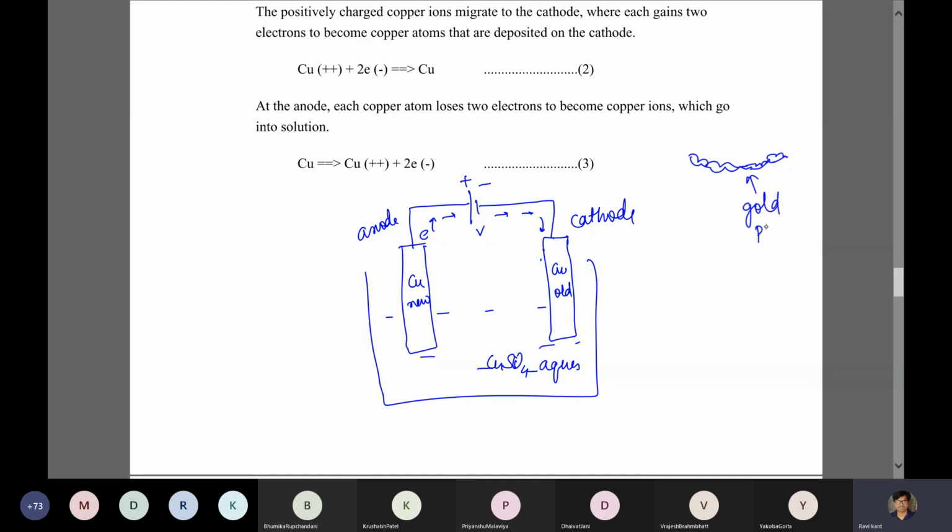So this is also called gold plating, and in this also you use electrochemical machining. The shopkeeper has new gold over here. He puts it in the electrolyte, your ornament will be here, and the gold will be decomposed from here and deposited on top of it. This is how the electrolytic process happens.